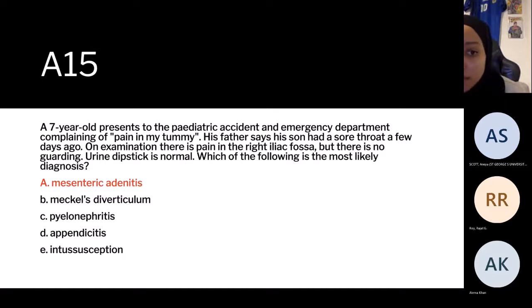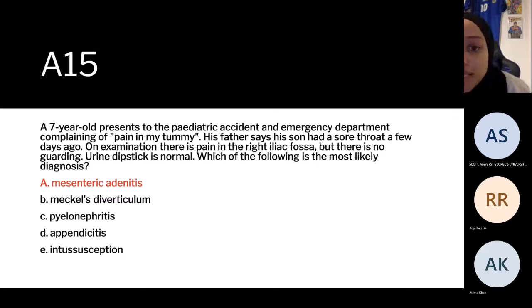There's no guarding, so that makes it less likely to be intussusception. And if you've got a sore throat and they've got this pain now, the first thing to think is mesenteric adenitis, which is a very common consequence of having a sore throat.